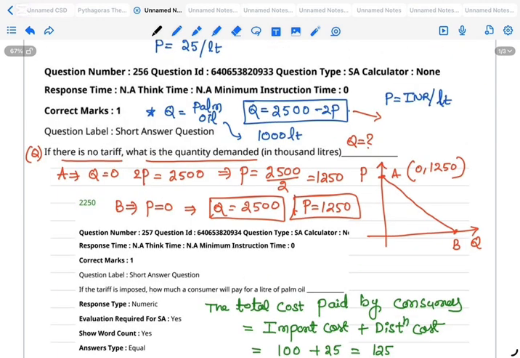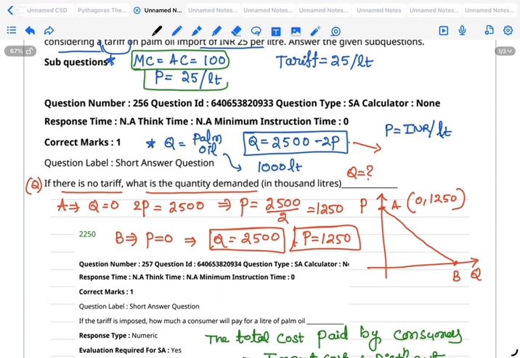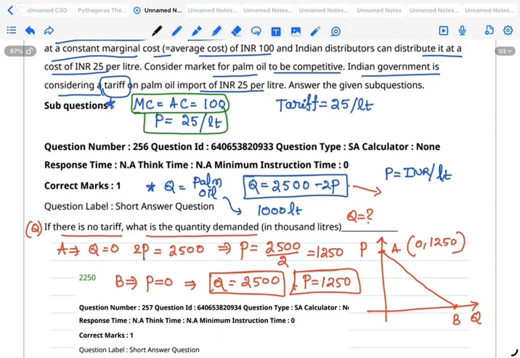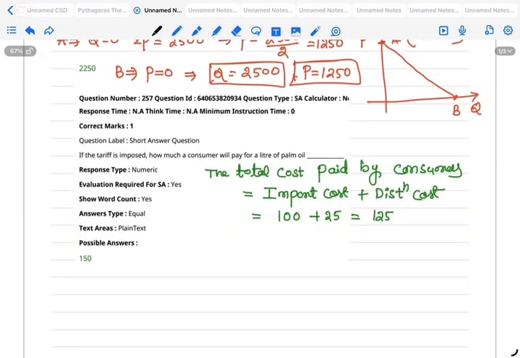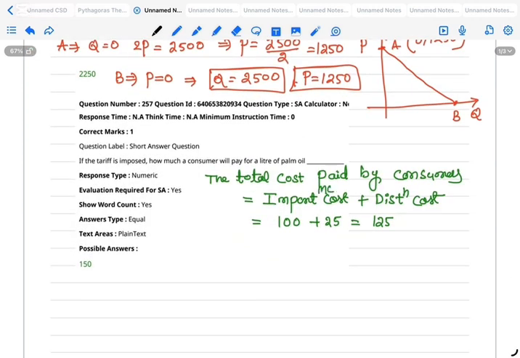Indian distributors can distribute at a cost of 25 rupees, which is added to the marginal cost, the import cost. So P equals 125 rupees. This is the market price for the consumer.